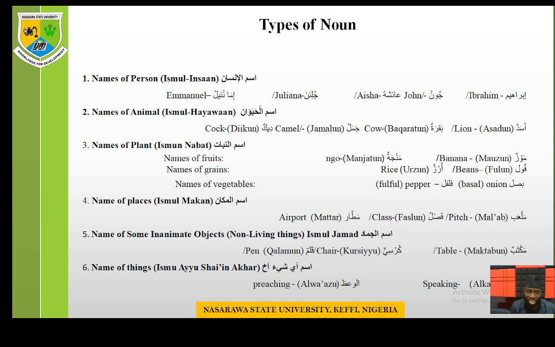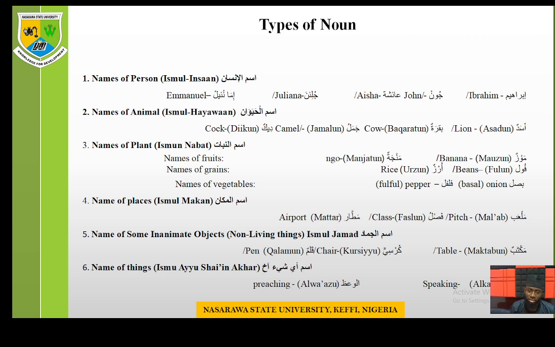And under name of animal, we have asad, which is lion, bakara, which is cow, jamal, which is camel, dik, which is cock, sorry. These examples are all under ismul hayawan, which is names of animals.